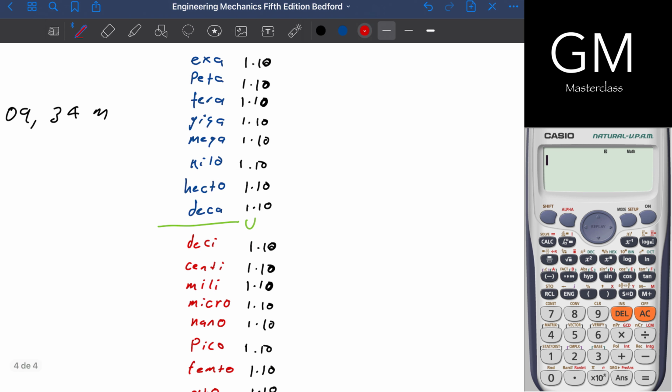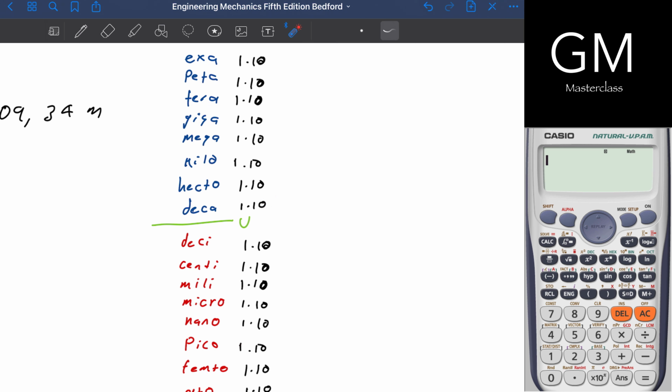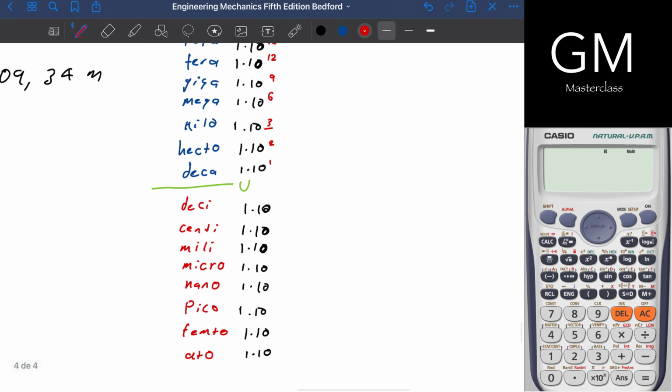The power of the number that goes here is as follows: 1, 2, 3, and starting from that 3, I add 3 each time, so 6, 9, 12, 15, 18. And the same thing on the other side, but with a negative sign: minus 1, 2, 3, 6, 9, 12, 15, 18.